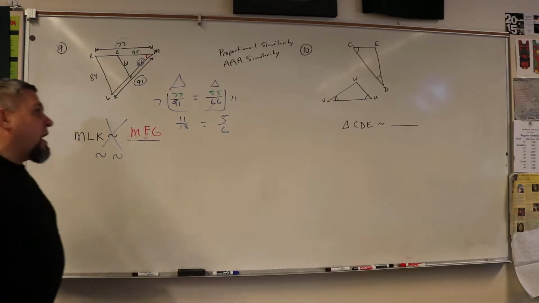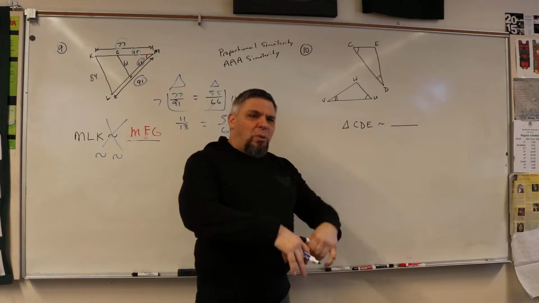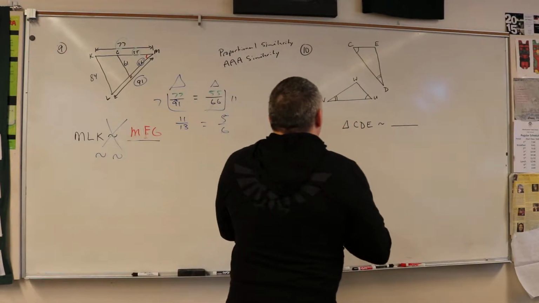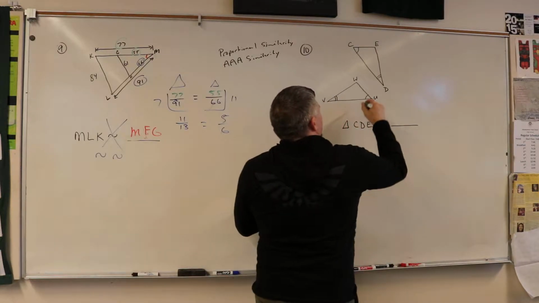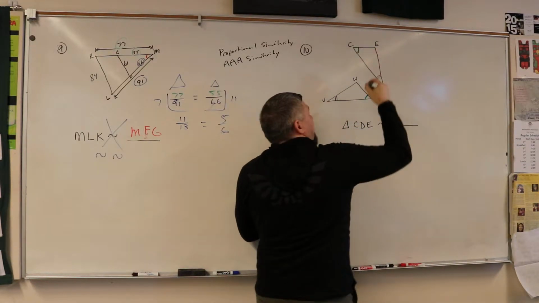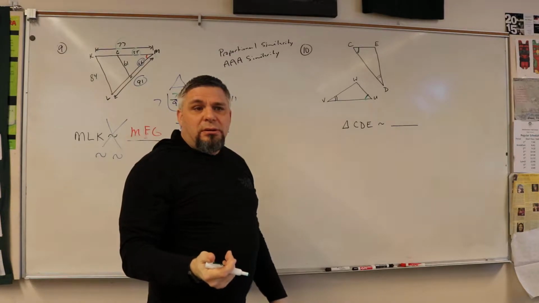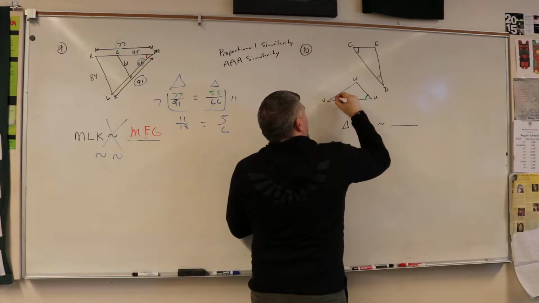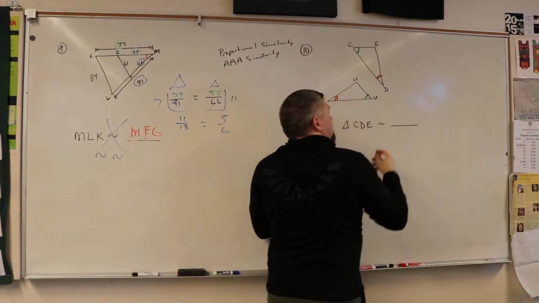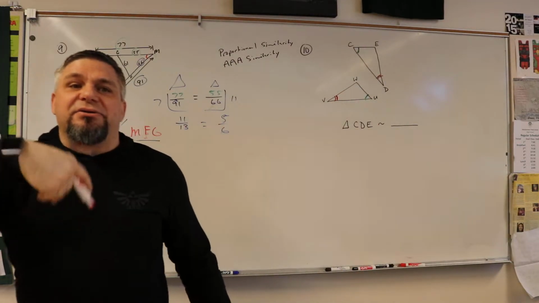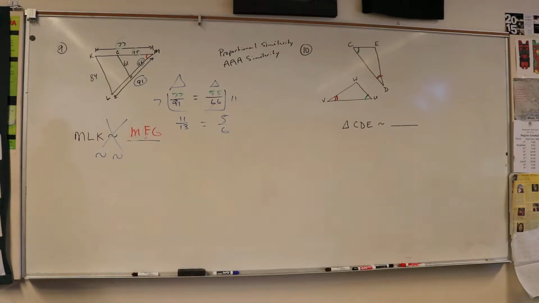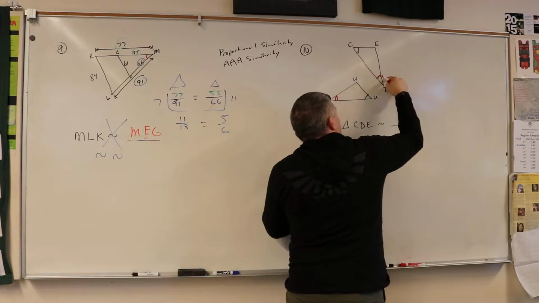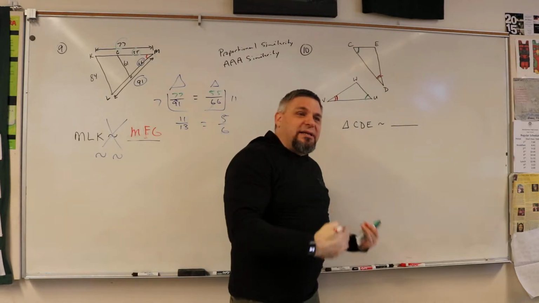Now, on number 10, we always want to try to do the angles first. Angles first, right? So when we look at this, we see that this angle is congruent to this one, and we notice that this angle is congruent to this one. Now, because all the angles have to add up to 180, and this is equal to this, and this is equal to this, that means the last one has to equal the other one.